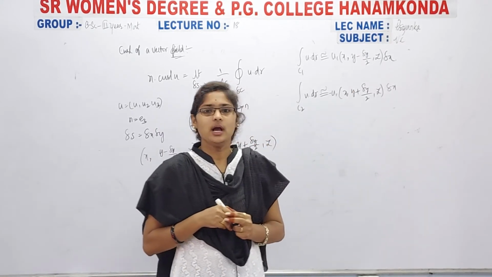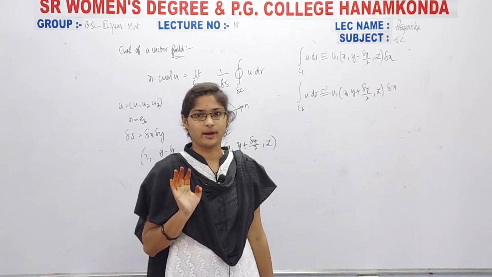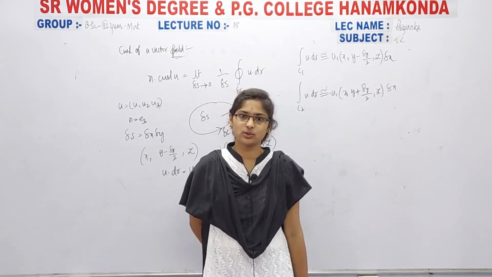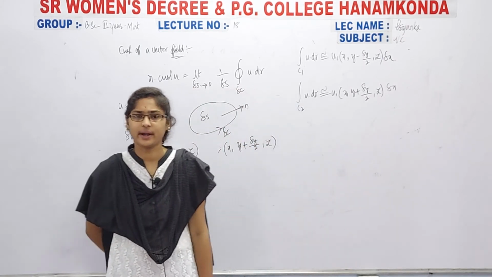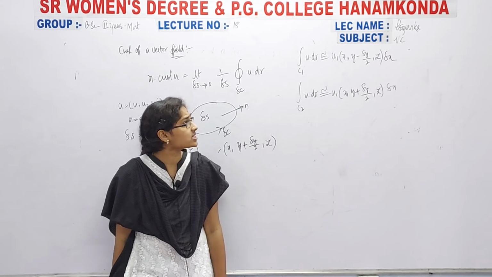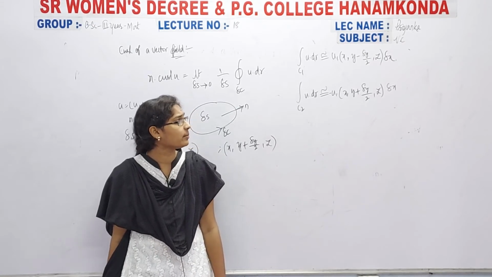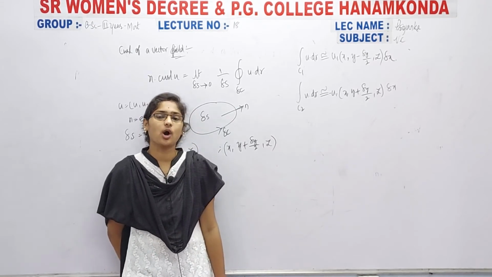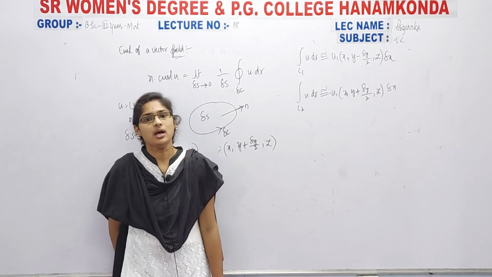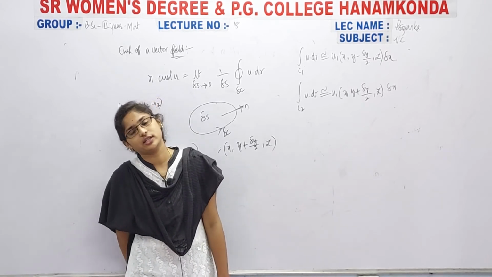Because here we are discussing the line integral, so we take the integration only with respect to one variable. We already take the y points, y minus delta y by 2 and y plus delta y by 2. The remaining component, the normal component, I am taking with respect to the x direction, otherwise we can take the z direction.